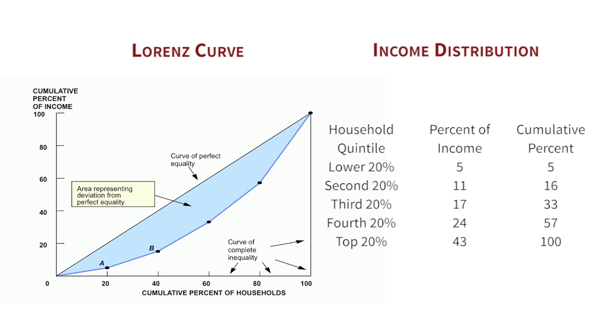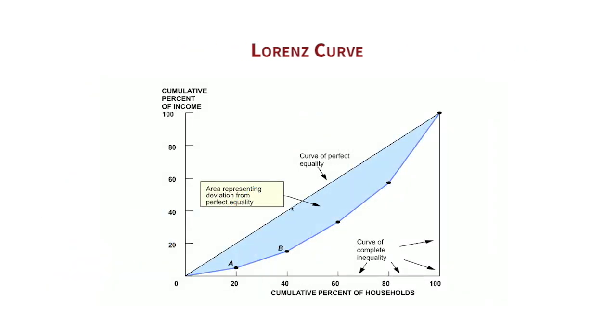Now, this plot is overlaid in a diagram that represents two extremes of income inequality. The extreme represented by the 45-degree line, which goes from 0 to 100 on both axes, is a line of perfect income equality.